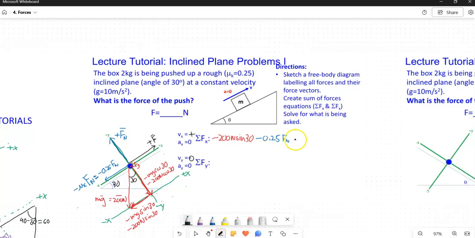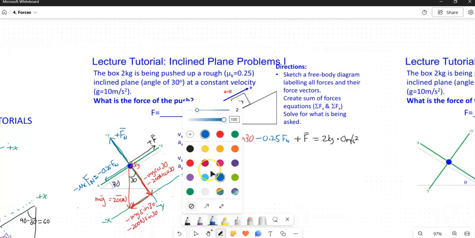And then we have our F vector, right? So we have 1, 2, 3 vectors. And now we're going to set this equal to the 2 kilograms, and I looked here for this, times the acceleration in the x direction, which is going to be 0 meters per second squared.